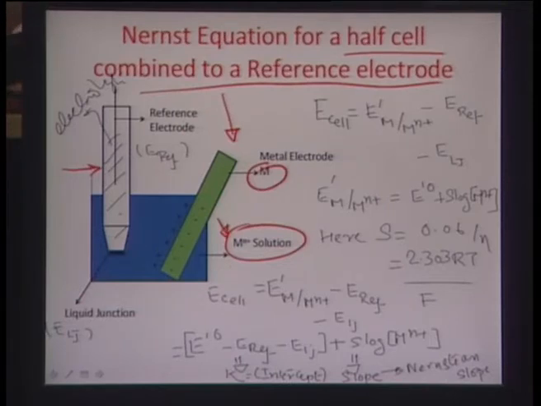The reference electrode here is essentially nothing but a glass capillary which is covered by this liquid junction, and this develops a potential, let us assume E LJ, with respect to the solution, and inside this glass capillary we have this electrolyte which is very standardized, and it has a standard concentration, and it has a sensing reference electrode here which goes into the electrolyte.